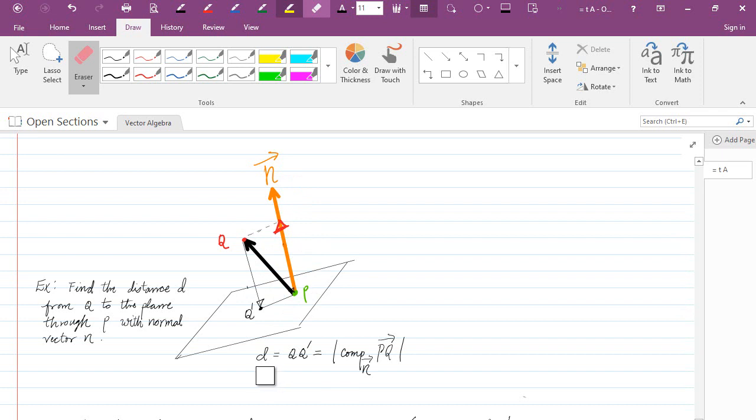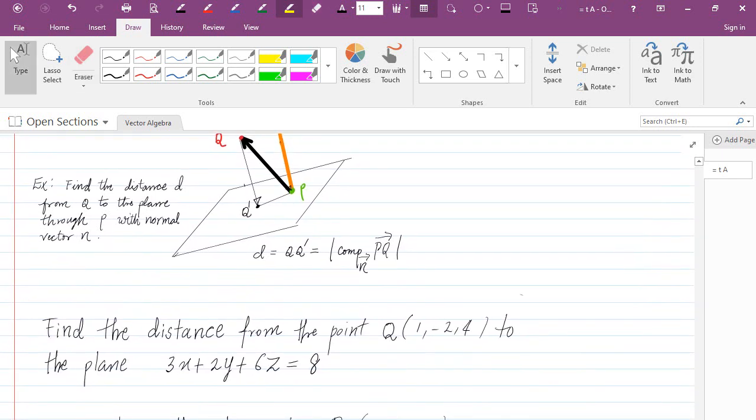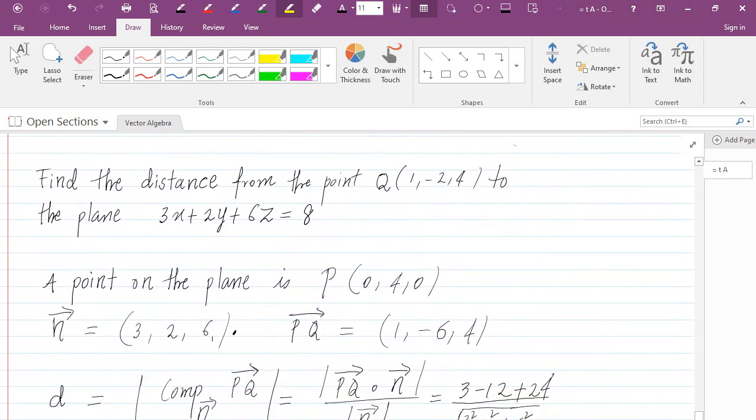So the distance from Q to the plane is equal to the absolute value of the component of the vector PQ onto the vector n, because this is the length of the projection of the vector PQ onto the vector n.